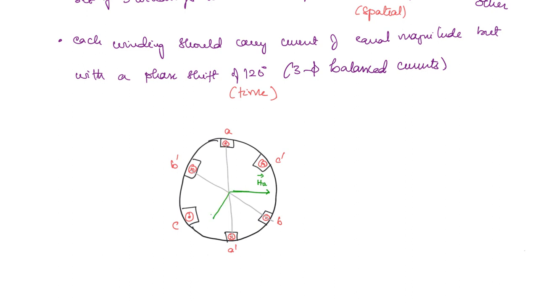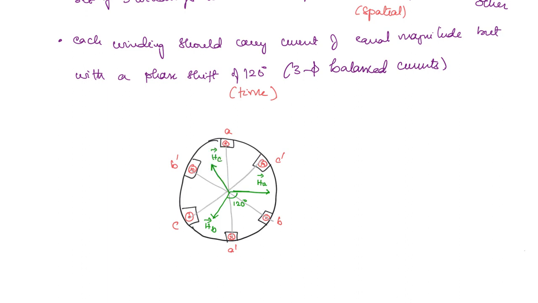This is going to be perpendicular to the B dash coil. So what is this magnetic field intensity? It is HB bar. Now what will be this angle? It is going to be 120 degrees. Similarly, for this coil C dash, once again you can draw the coil here, line joining these two. So now the magnetic field is going to be perpendicular to this coil. So this is HC bar.